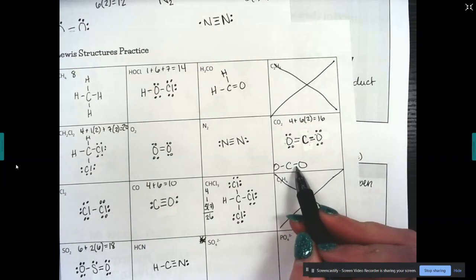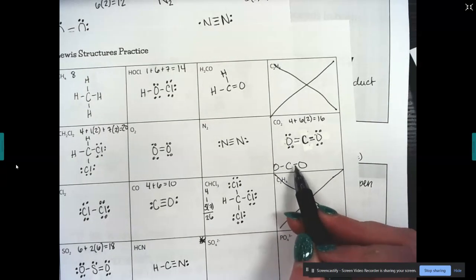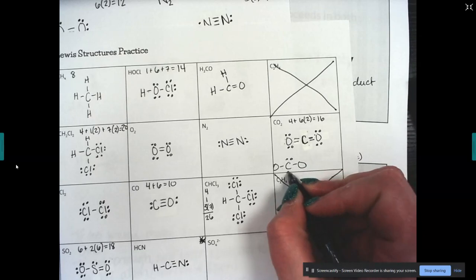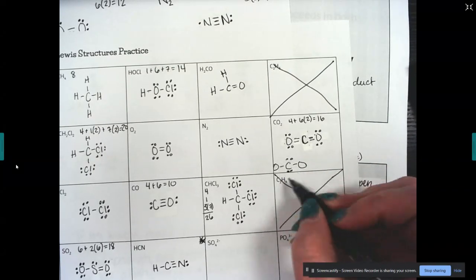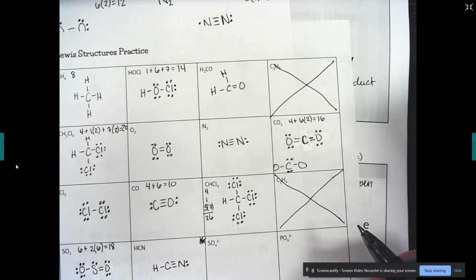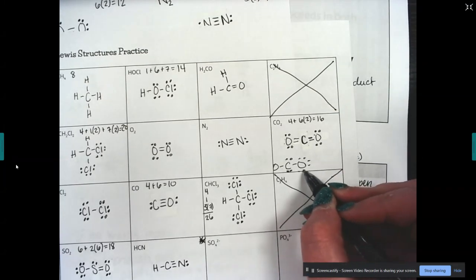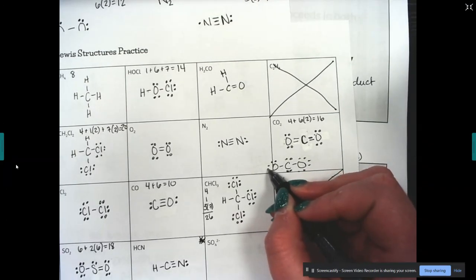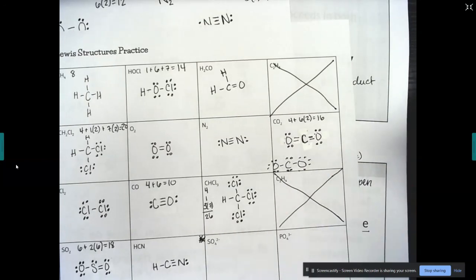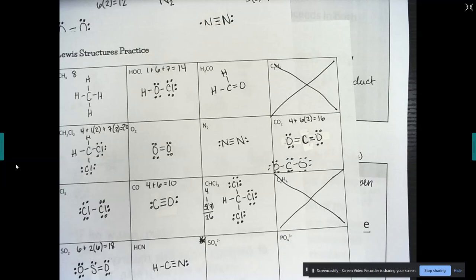So to start with, the carbon only has 4 around it from the 2 bonds. So you would have to add 2 more pairs of dots to get it to 8. And then when you do the same thing with the oxygens, you'll find that it has too many overall, and so that's why you have to go and double bond. Okay.